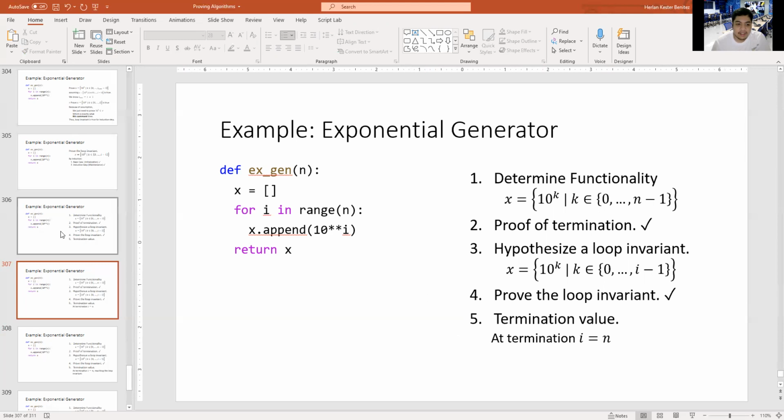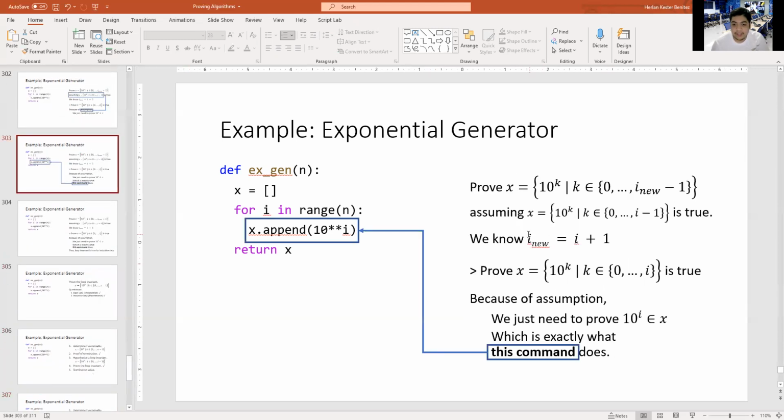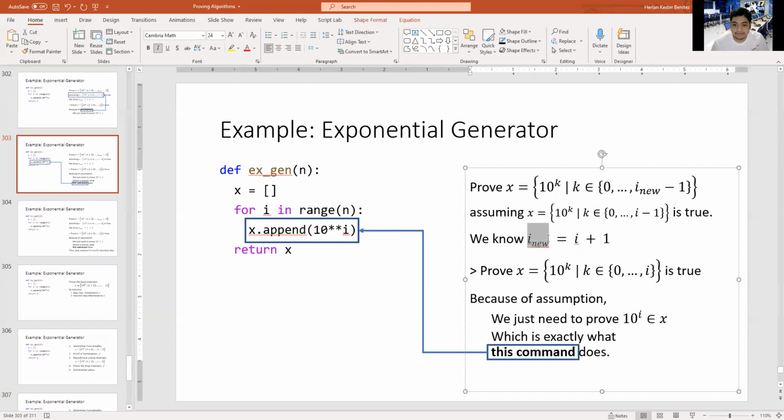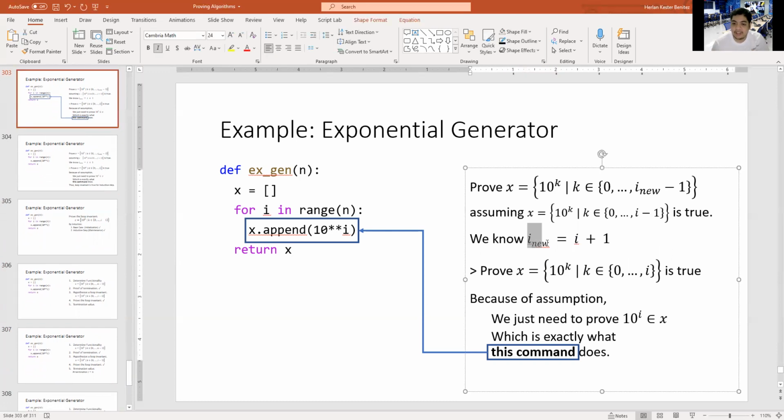Ako kasi, kung titingnan nyo yung sa proof, yung bagong i is i plus 1. So, at the last iteration ng loop, i will be n minus 1. So, yung huling value ni i new will be n.